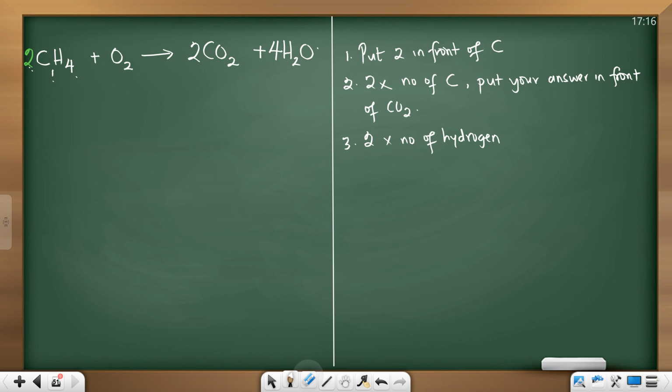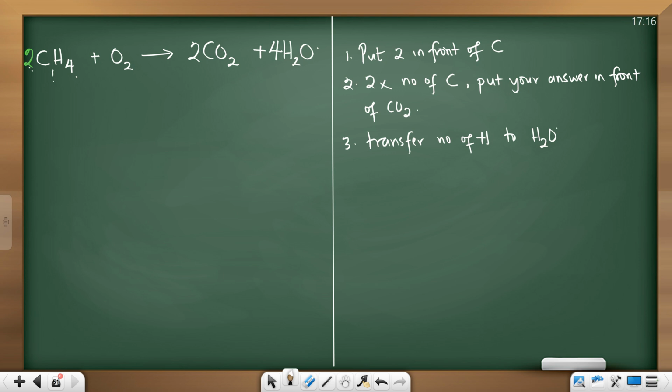Carry the 4. Yes, this one we're not multiplying. Transfer number of hydrogen to water. So if it's a 4 there, I put a 4 there.